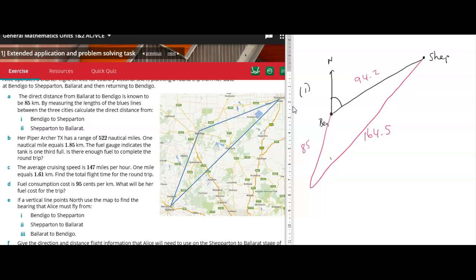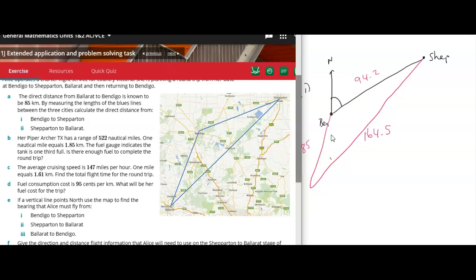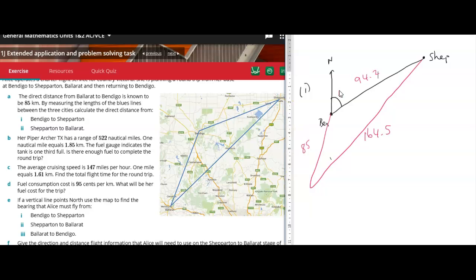So the only way they've got that bearing is using a protractor. You can't find that angle without a protractor. So if I quickly show you the solutions, you can see it's 69 degrees. So if you had a protractor, you could use that to work out that that is 69. So your bearing is 069 degrees.